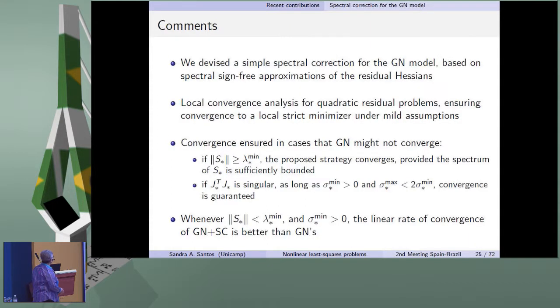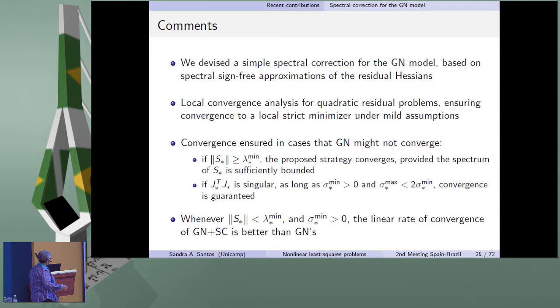Okay, so summarizing this contribution, we have devised a simple spectral correction for the Gauss-Newton model, which is locally convergent. It was interesting to see that we could ensure convergence in case the classical Gauss-Newton could not converge.